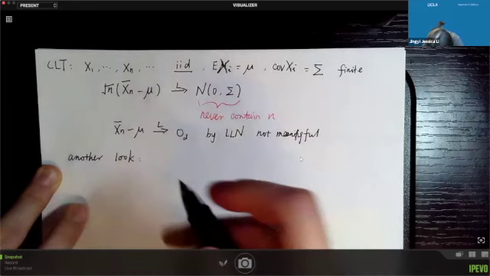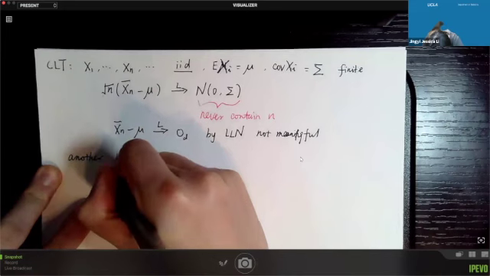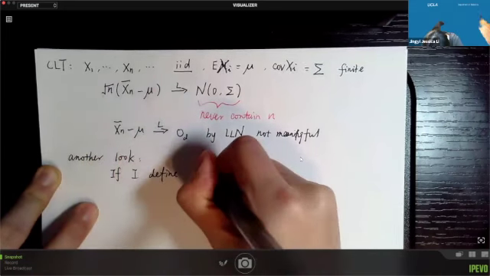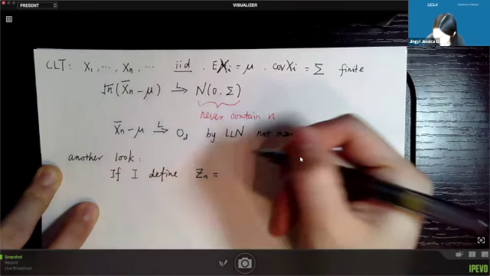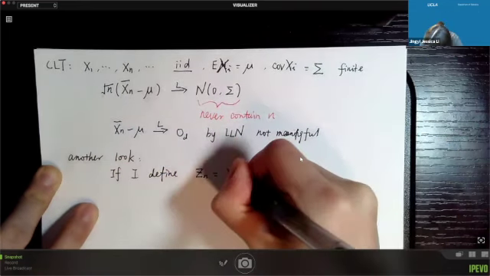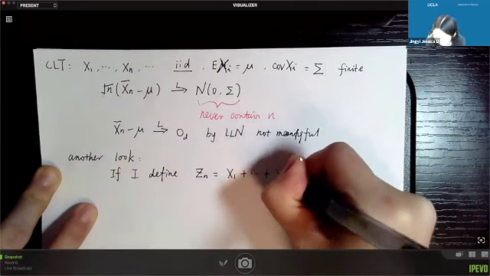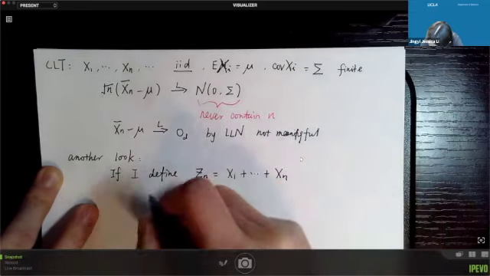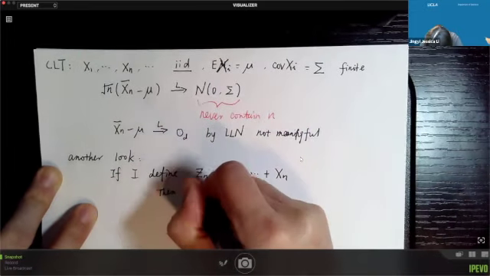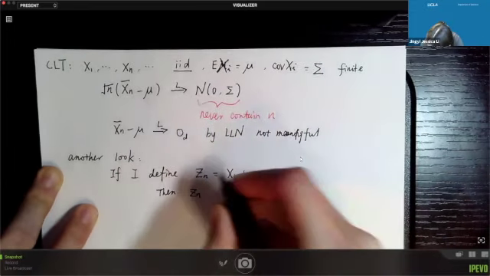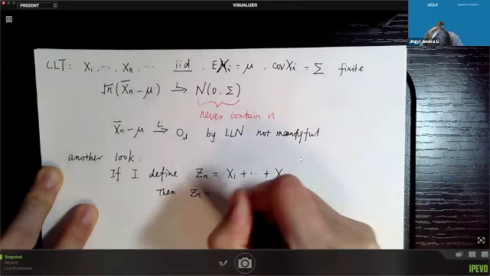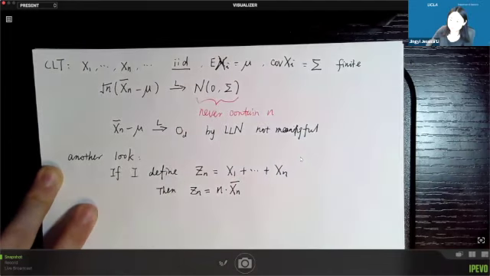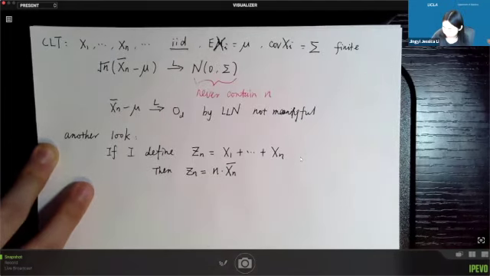So I define Zn to be x1 plus up to xn, the partial sum. Then by this definition Zn is equal to n times xn bar. The partial sum is equal to the average times n.